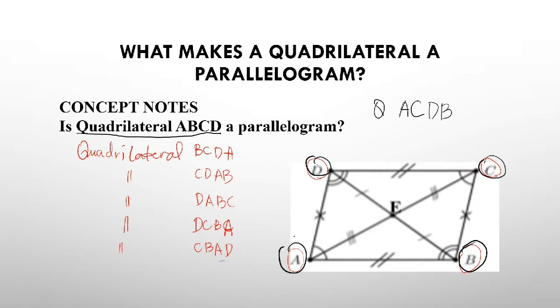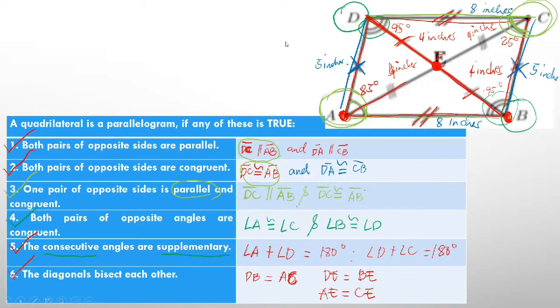So that it also forms a quadrilateral. Another naming, C, D, A, B. If you can see the pattern, magkakasunod sila lagi. Okay? Now, after knowing how to name a quadrilateral, now let's proceed with the properties of parallelogram na meron tayo.